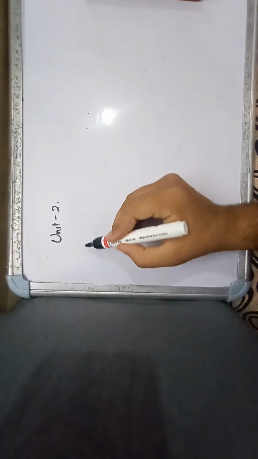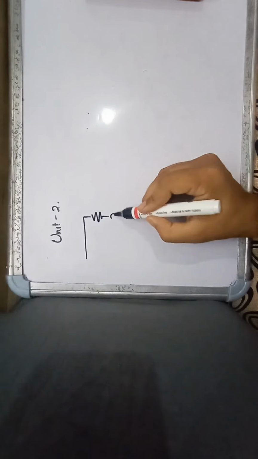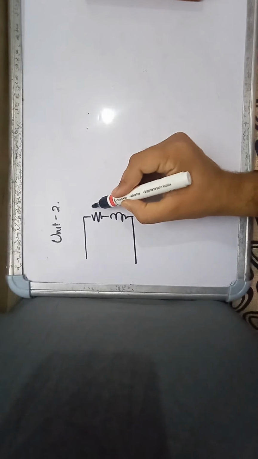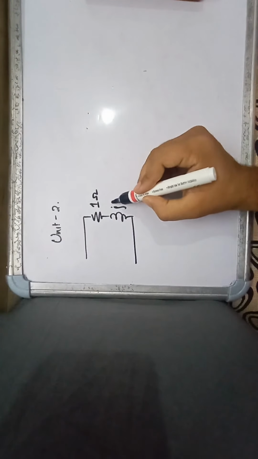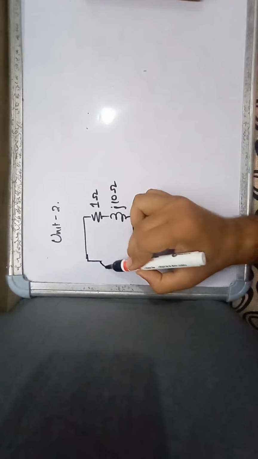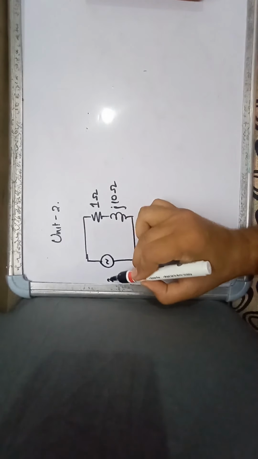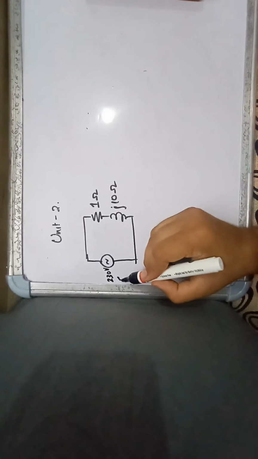I am taking a simple example: an induction motor with a resistance of 1 ohm and an inductor of 10j ohm, supplied by a single phase supply of 230 volt, 50 hertz.